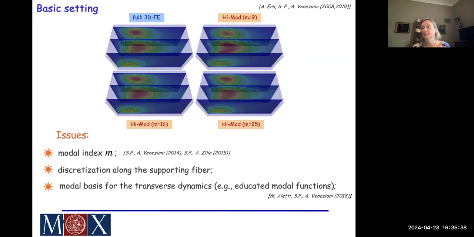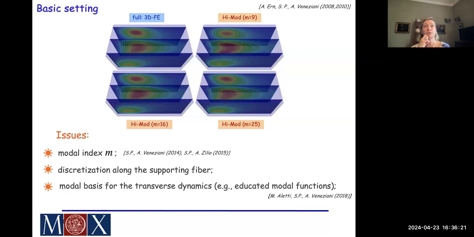But then in a next work, we provided an approach that we named educated high mode approximation, where essentially, in order to recover the possibility of assigning any boundary condition along the horizontal side, we decided to build a so-called educated modal basis function, which means that we solve an additional Sturm-Liouville problem along the reference fiber, and we complete such a Sturm-Liouville problem exactly with the boundary conditions assigned in correspondence with the horizontal sides.